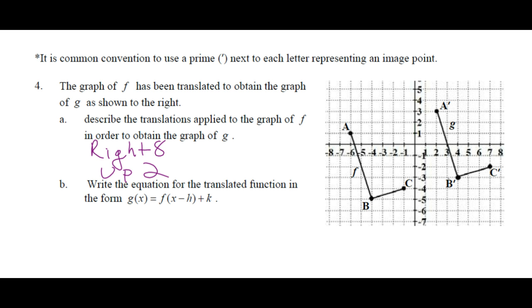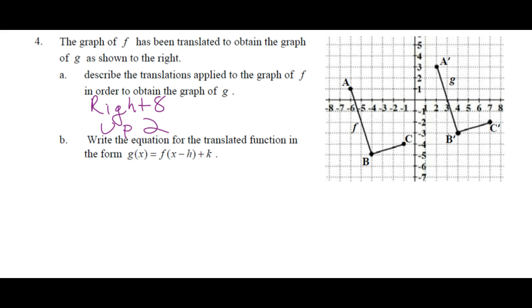Write the equation for the translated function in the form g of x equals f of x minus h plus k. All right, so we know what's happening here. The g of x is our y, right? Well, instead of g of x, you can just think of that as y, and you can say, you're going up 2, so then what do I do to g of x to make it go up 2? I subtract 2 from it.